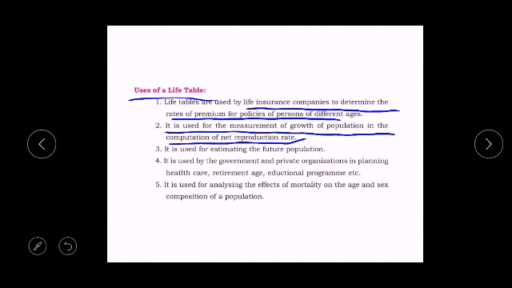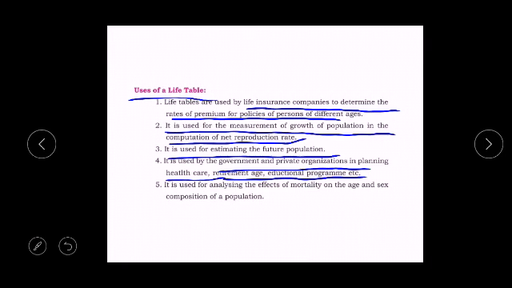Third point, it is used for estimating the future population. The life table helps us in estimating the future population also. And the fourth point, it is used by the government and private organizations in planning healthcare, retirement age and educational programs. The best example we can take is that earlier the retirement age was 58 years, and very recently the government of Karnataka increased that age from 58 to 60 years.